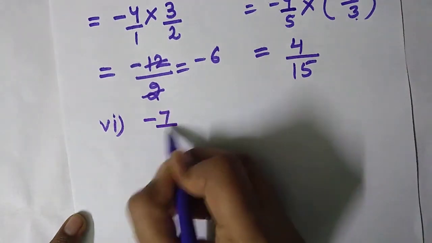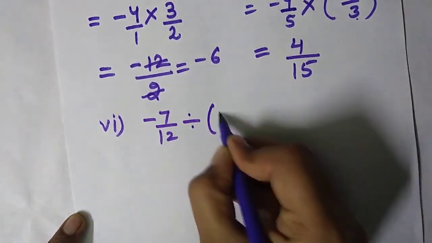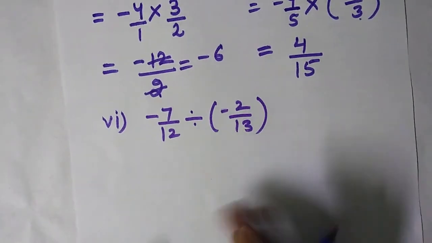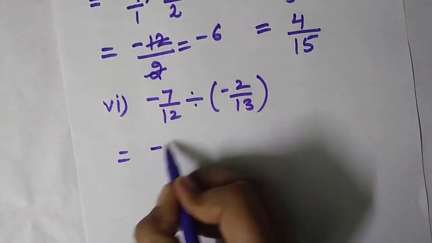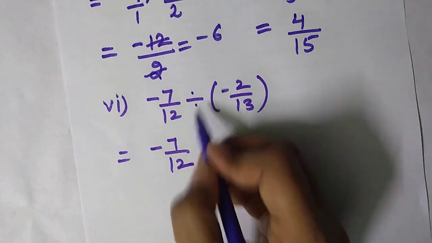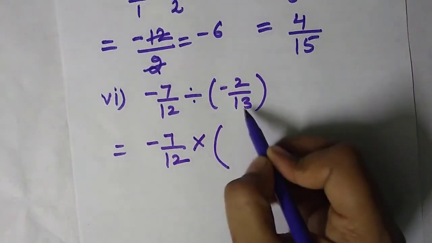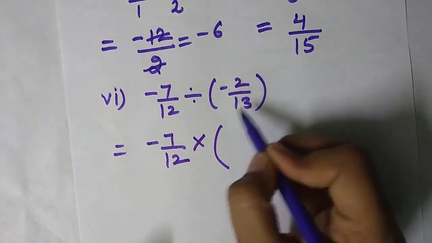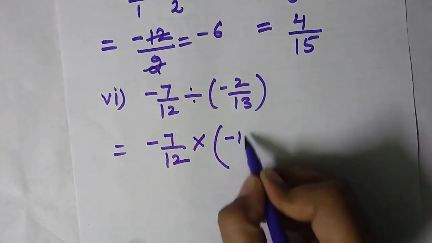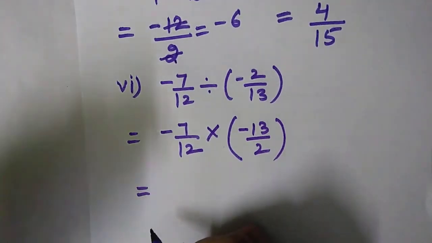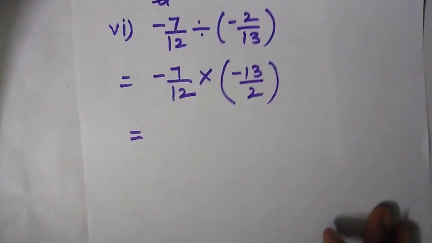This is -7/12 divided by -2/13. Again you have to divide the rational numbers. This division first you have to convert into multiplication, and for that you need to take the reciprocal of the term which is just after the division. So it is -13/2.